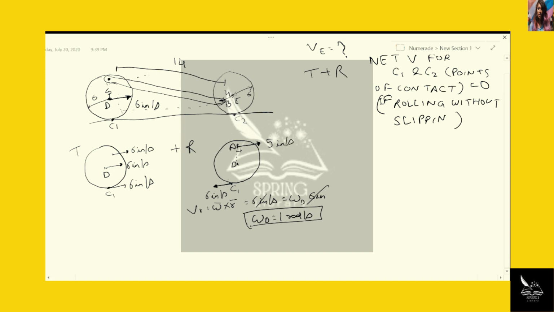So the net velocity at point A is going to be 6 plus 5, 11 inches per second. Okay, so now we have figured out the velocity of point A.